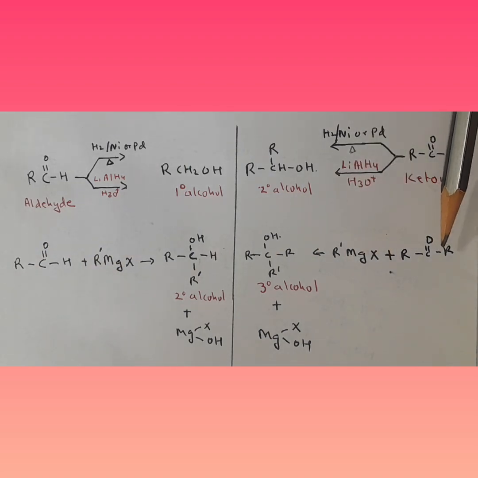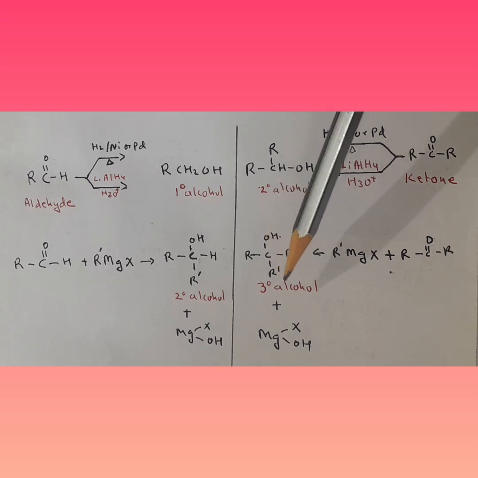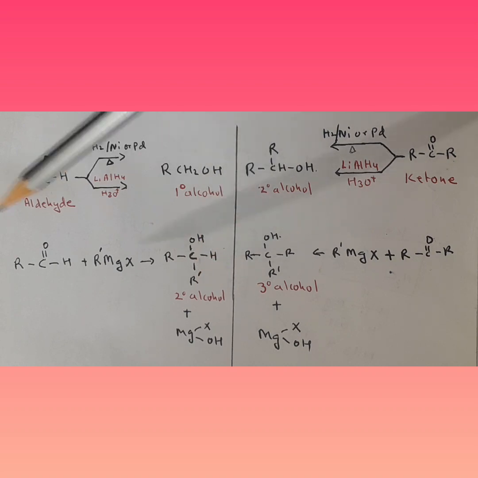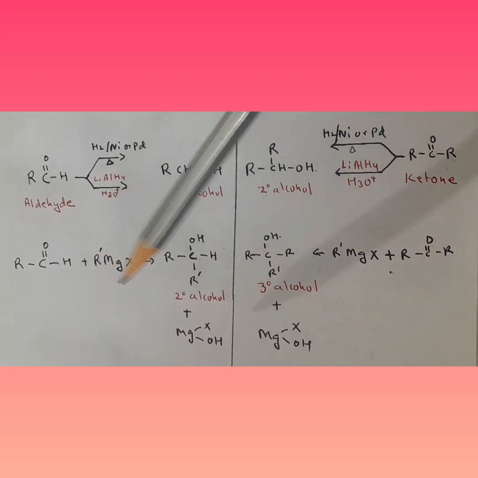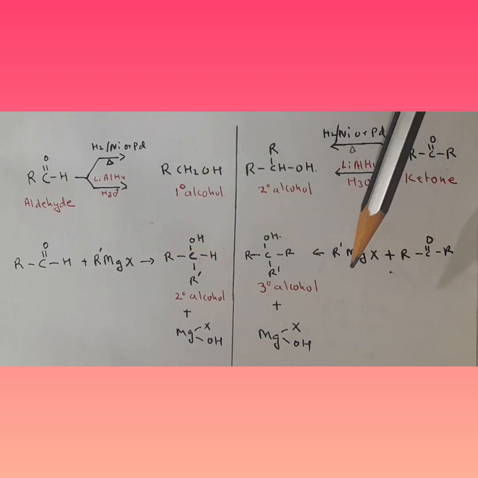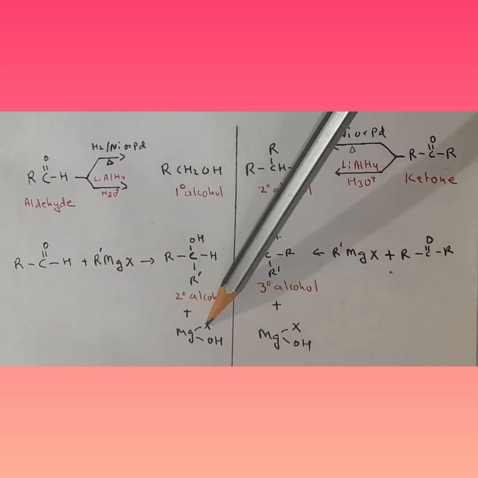When we start with a ketone, R prime goes here, O gets converted to H. So what we end up with is this. We end up with a tertiary alcohol. So here we ended up with secondary alcohol. Aldehyde, Grignard gives you secondary alcohol, and ketone, Grignard gives you tertiary alcohol with MgXOH as byproduct.